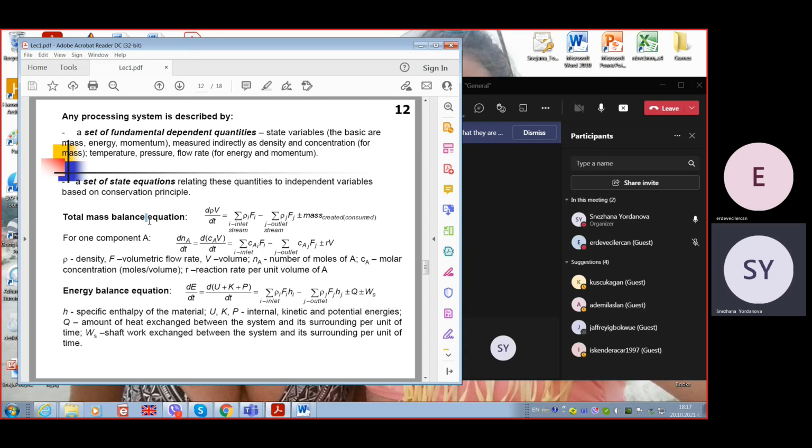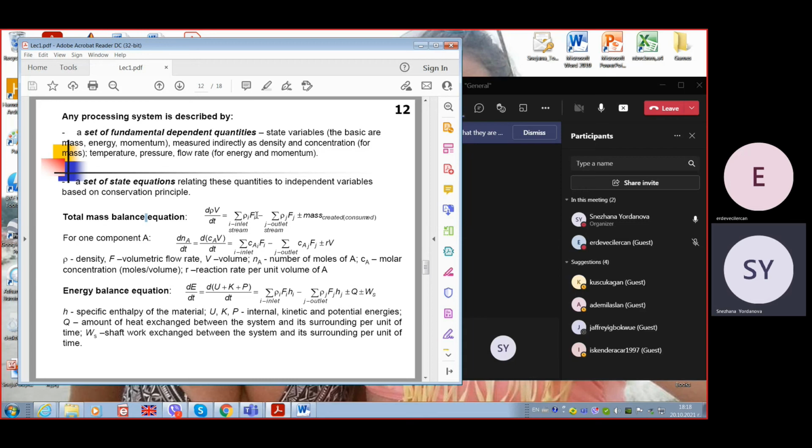The level is bound with the flow rates as input, so we use volume with this level multiplied by the density of the fluid. The change of mass inside the tank is related with this balance equation. If we have inflow, mass per unit of time is the flow rate.